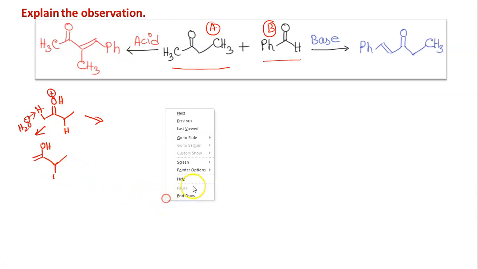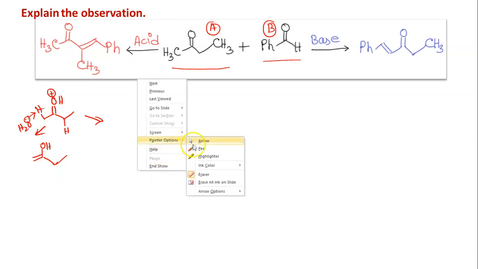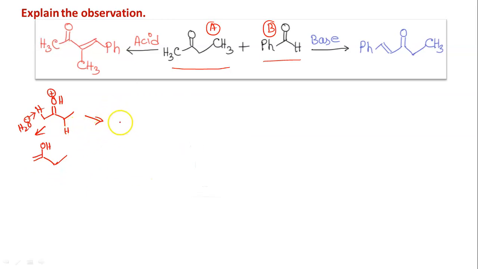And if the right-hand side hydrogen is removed, then the product will be like this. Now among these two enols, if this is 1 and this is 2, which one is more stable?